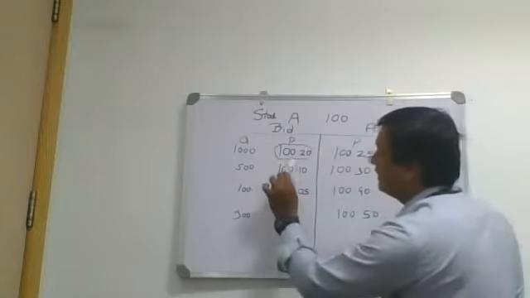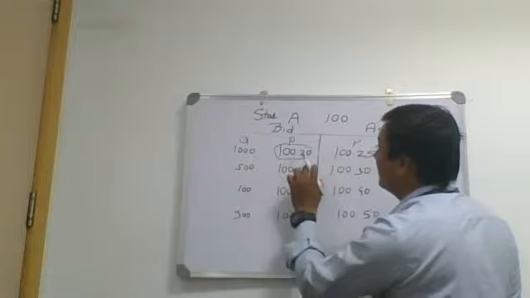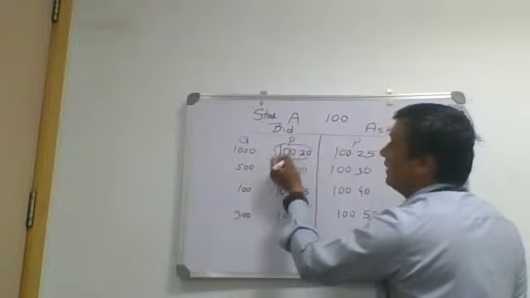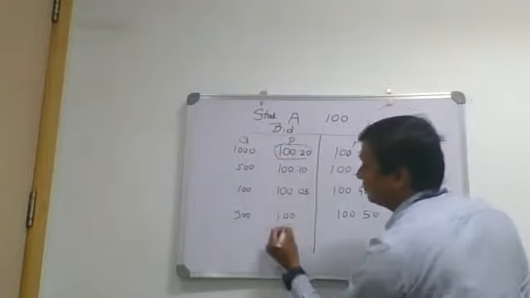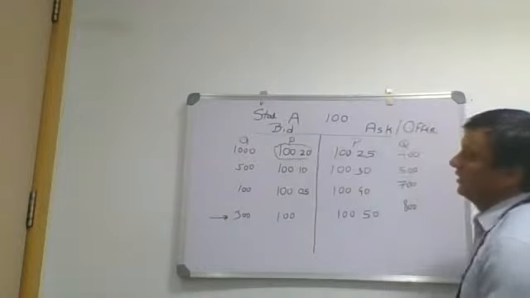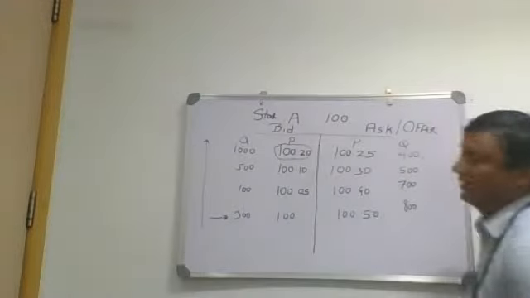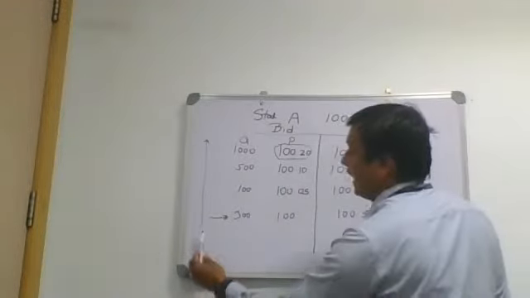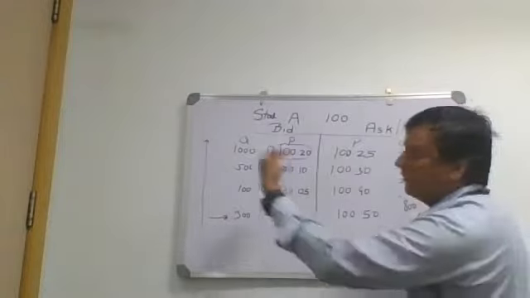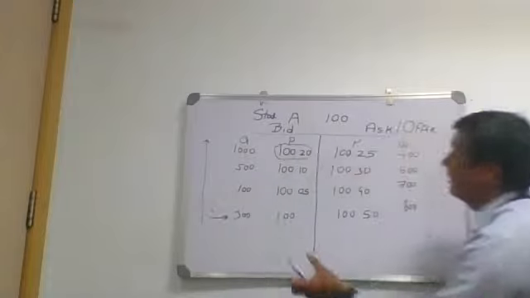Here you can see that it's a price driven market. If somebody is willing to buy for 100 rupees, his bid will come in this place. The higher the price, the higher it will be on the bid side.